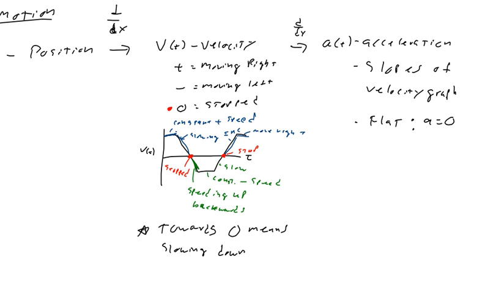For example, here and here, I am not accelerating or decelerating. I am keeping a constant velocity. If you think of the derivative of this spot here, that derivative is zero. Along this entire section, my acceleration is negative. So I have positive velocity, my acceleration is negative, I'm slowing down, and then I stop, and then I have negative velocity because I still accelerate in the negative direction, and I speed back up again.